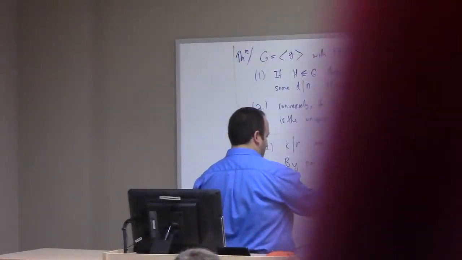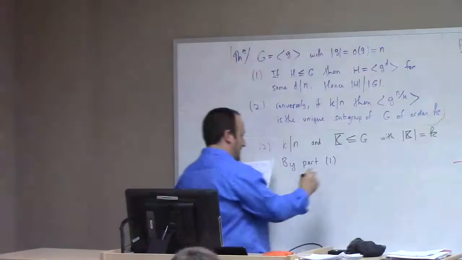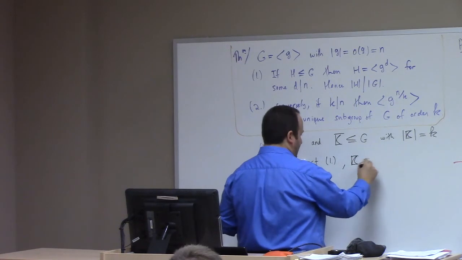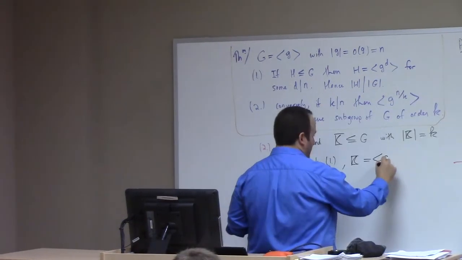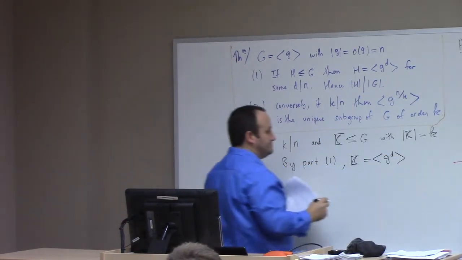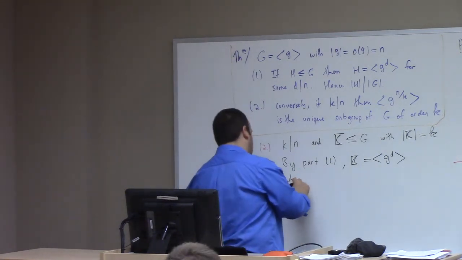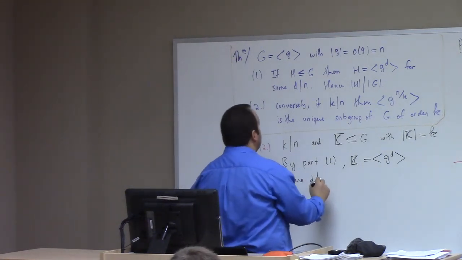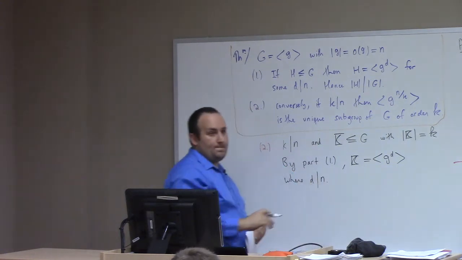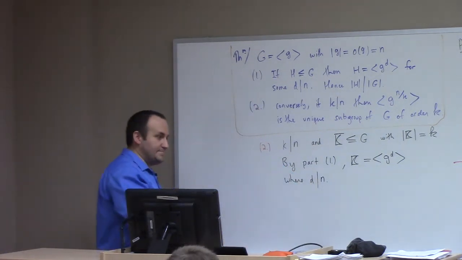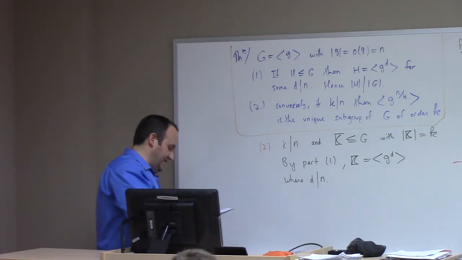Part 1. We have that the subgroup is generated by g to the d, where d is the divisor of n, right? That was part 1, which I have proved in an annoyingly slow fashion.